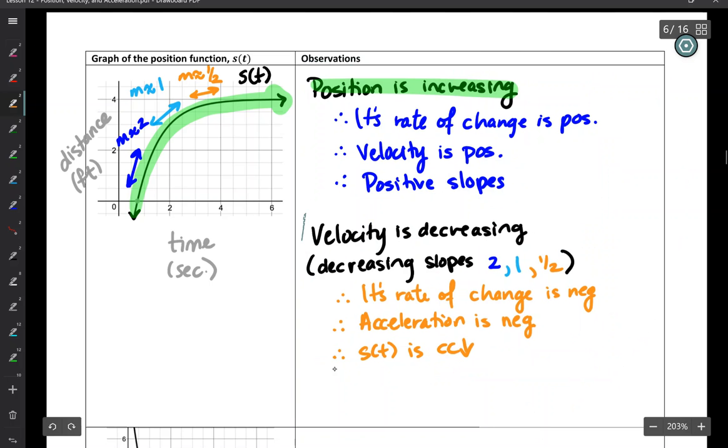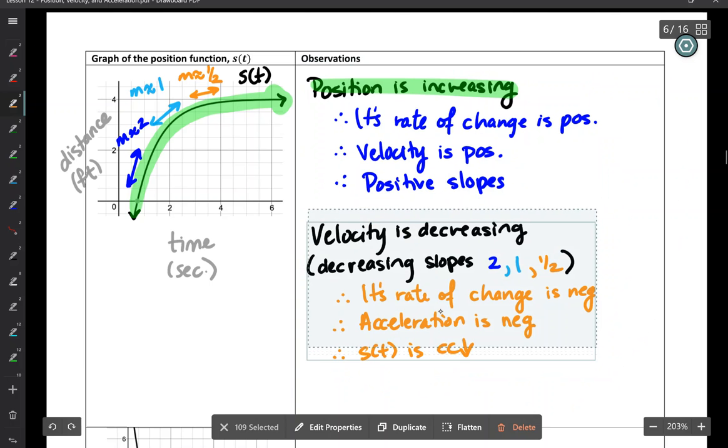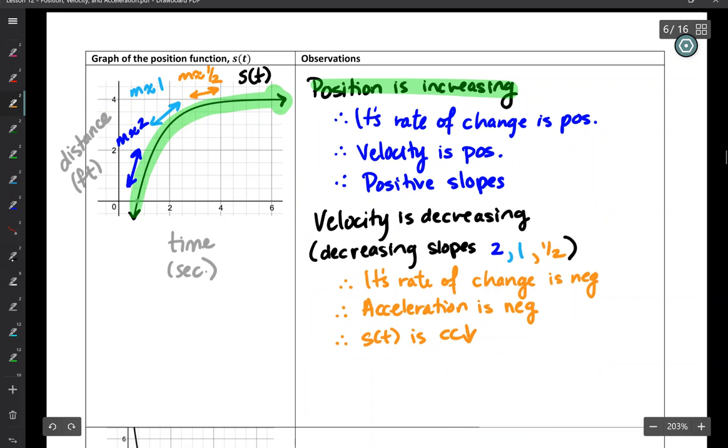Now, what about speeding up or slowing down? Speed is the absolute value of velocity, and all these velocities are already positive. So when I take the absolute value, that doesn't change anything. And so if I look at these speeds, 2 feet per second, 1 foot per second, a half a foot per second, I can see that that particle or object is slowing down.